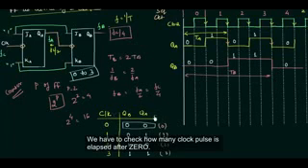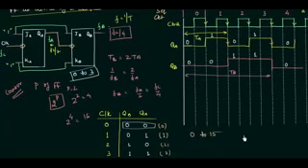Similarly, you can make a counter that will count from 0 to 15. So how many flip-flops do you require? You require 4 flip-flops. 2 to the power 4 gives you 16, and after 16 clock pulses, again the value of your outputs will become 0, and in that case we will be having 2 more outputs for the 2 more flip-flops, and we will check for those outputs.